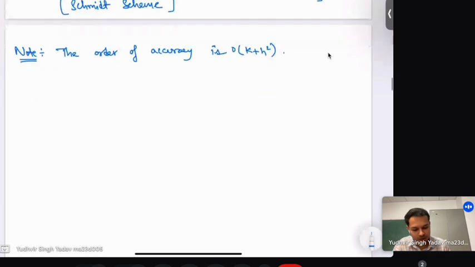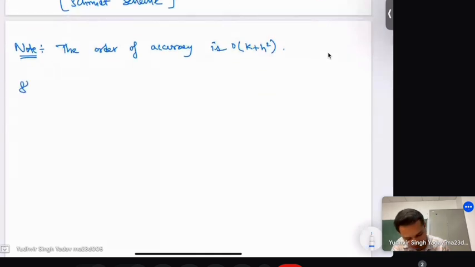So now we talk about the stability of this schematic scheme for the two-dimensional heat equation. For this, we will use von Neumann stability analysis.